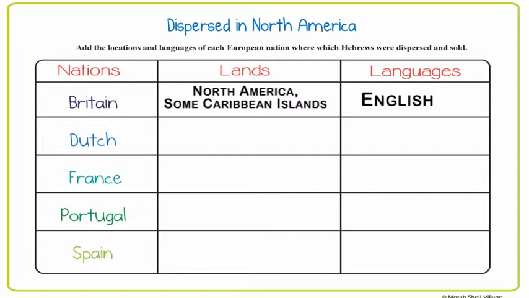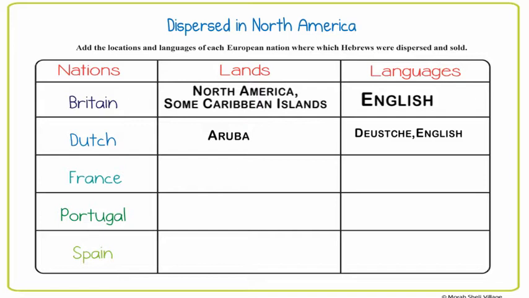Okay, so I want them to understand during American history, this diaspora. All right, the second nation there are the Dutch, and I just had them add 1 location because, again, we're not getting into any non-US history at this time, but I do want them to have that overview. So one Dutch island, Aruba, and then that language is also Dutch, and sometimes it's like Dutch or English depending on those lands.